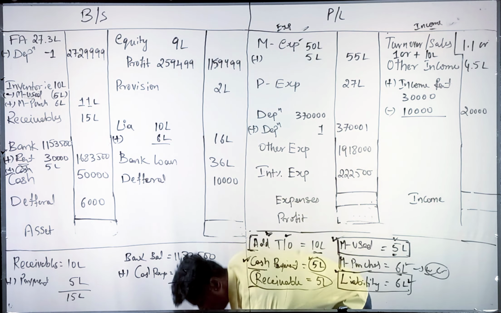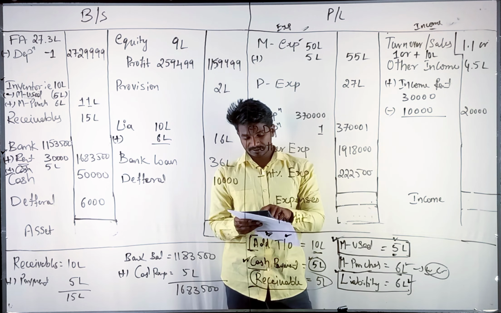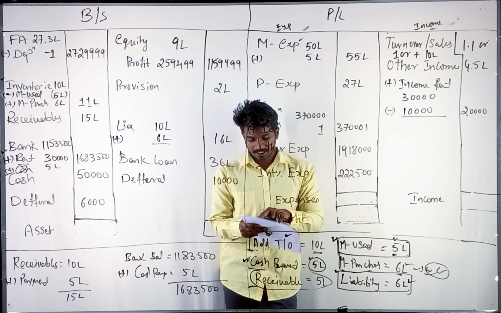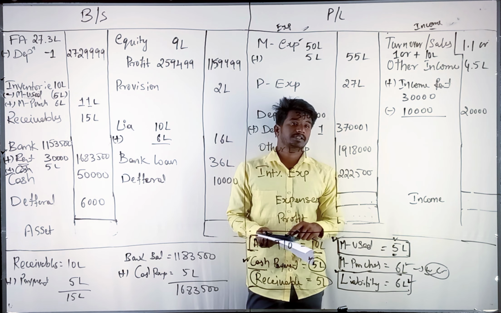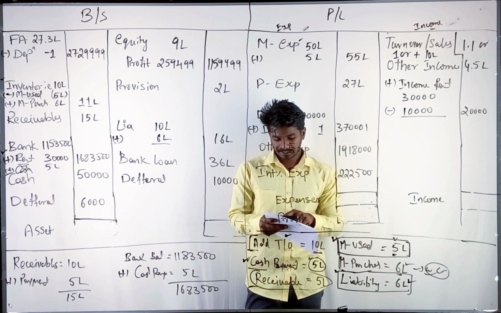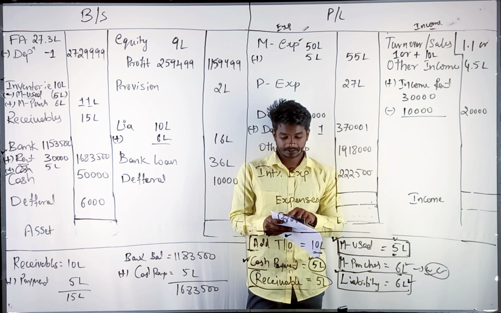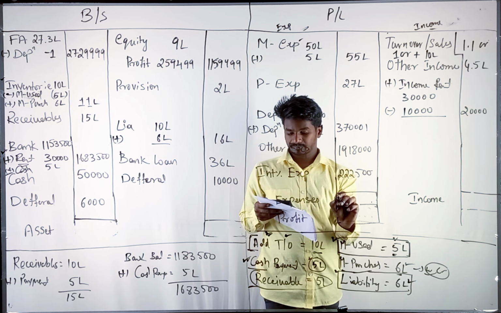Yes. 55 lakh is the material expenses, and 27 lakh and 3 lakh 70,001 rupees, 18,000 and 2 lakh 22,500. This is the total of expense.